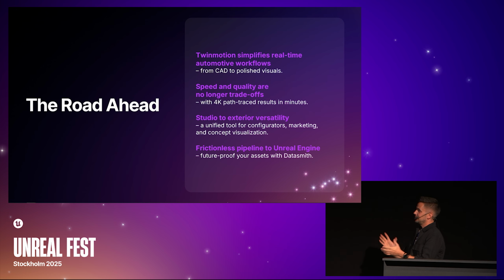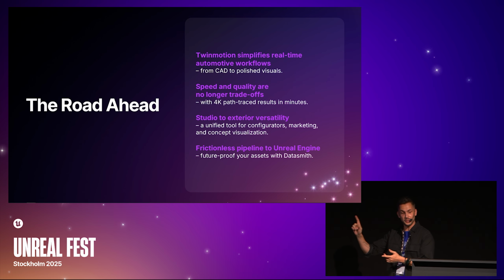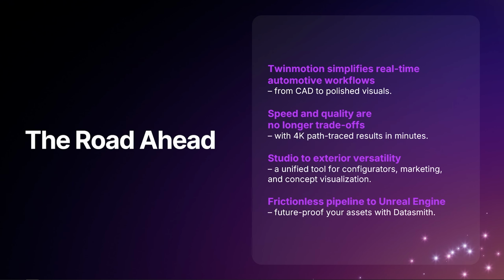And last but not least, the Datasmith pipeline, which is really cool because you're always going to have some people wanting to do it a bit more in terms of programming and so on. So you can easily send that off to the Unreal Engine team and do all the blueprints and coding and all of that if you want to. But this is a really, really good starting ground.